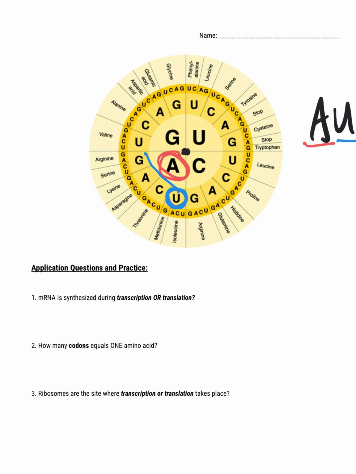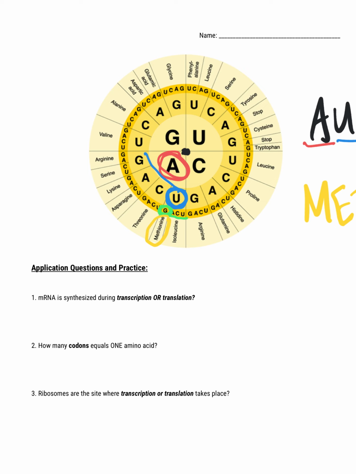My third letter is a G, so then I see these 3 or 4 that are attached to that letter U. I pick the G. Okay, so I've gone A, U, G. I've made my way out to my amino acid's name. So my first amino acid is MET. Remember, you can shorten it. Just write the first 3 letters instead of writing the full name every time.